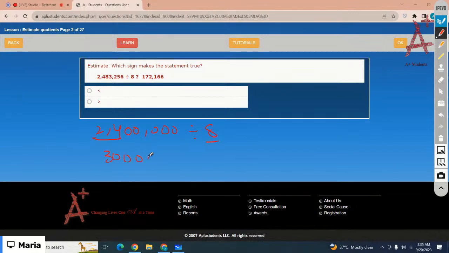You have to compare this number to 172,166. So which is the correct option? So greater, yes, 300,000 is greater than the other number. That would be greater.